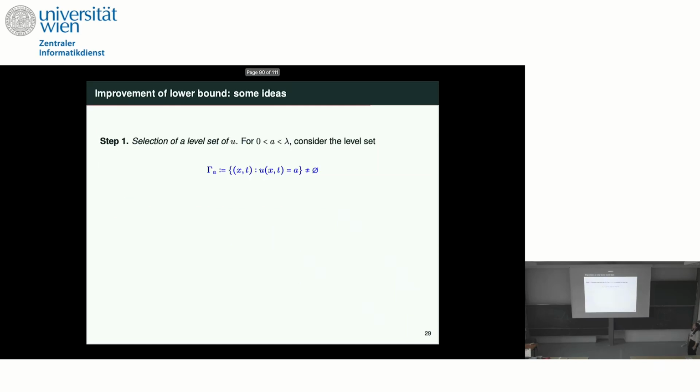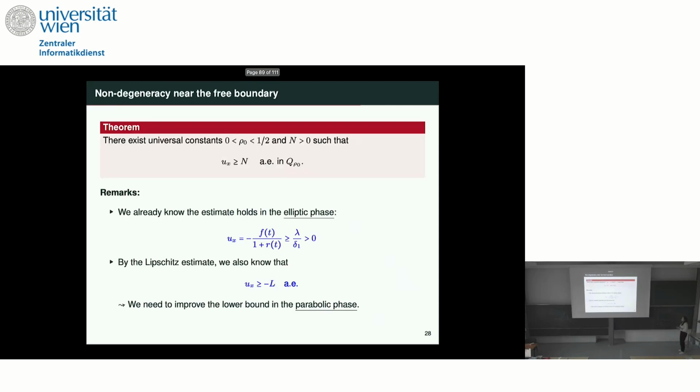So the first step is, okay, the idea is here, if, let's say, I already knew that my free boundary is sufficiently nice, you can expect that u is monotone, right? Like the Hopf lemma. So it's 0 here, positive here, and so u_x has to be strictly positive, and we want to get this universal bound.